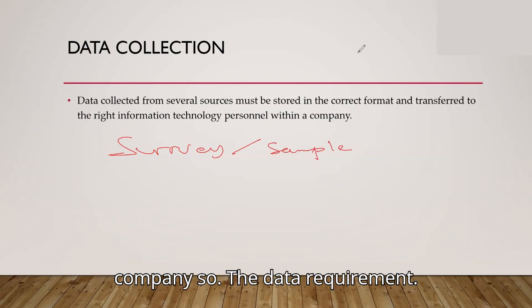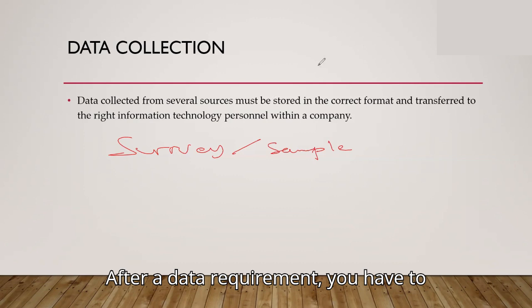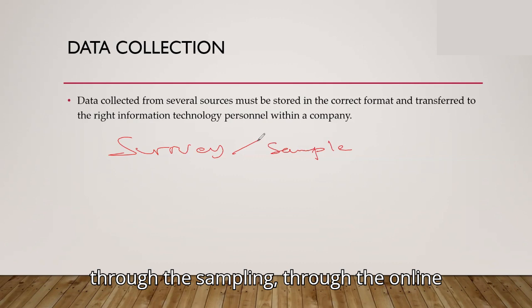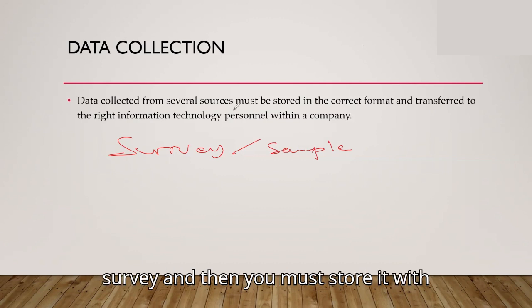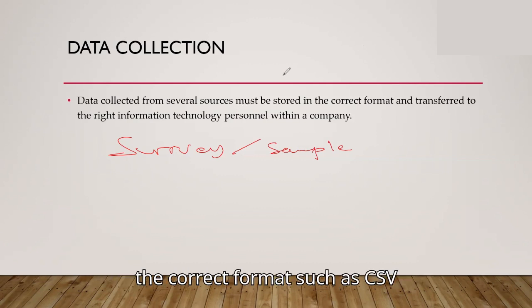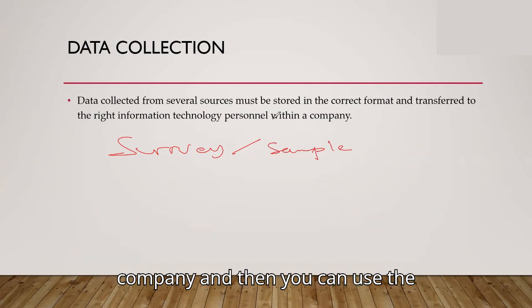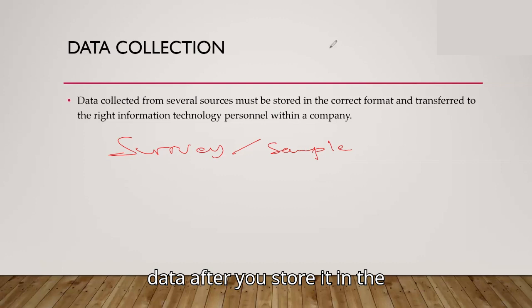So after the data requirement, you have to collect the data through the survey, through the sampling, through the online survey, and then you must store it in the correct format such as CSV, and transfer it to the right information technology personnel in the company, and then you can use the data after you store it in the storage.